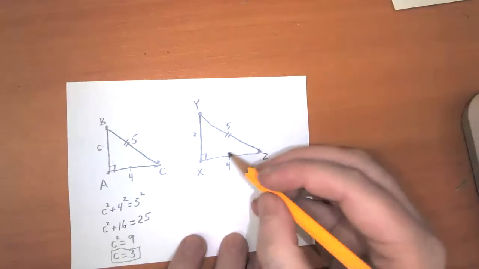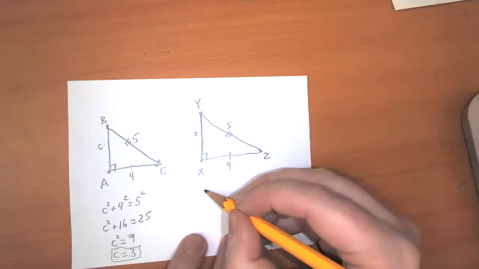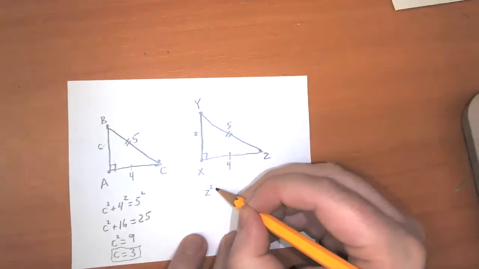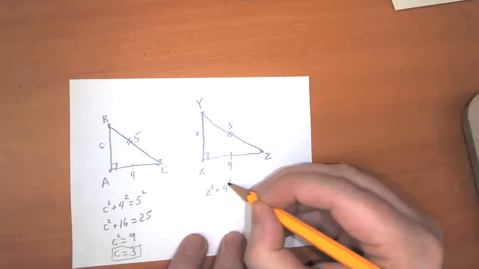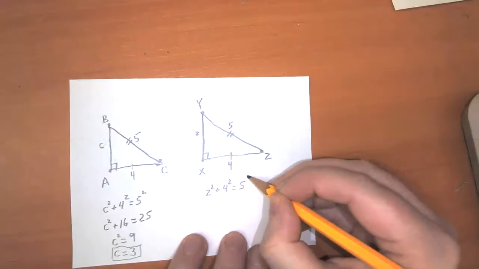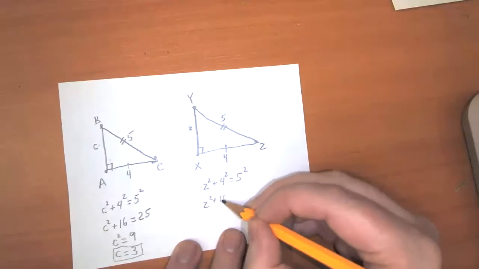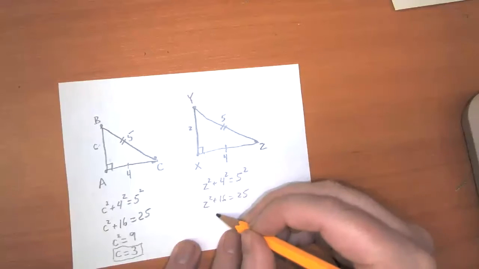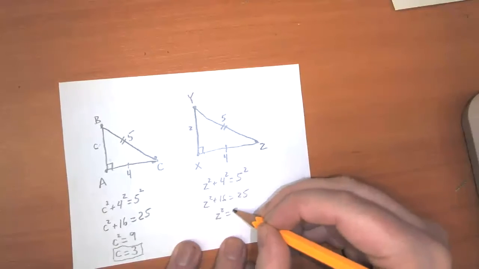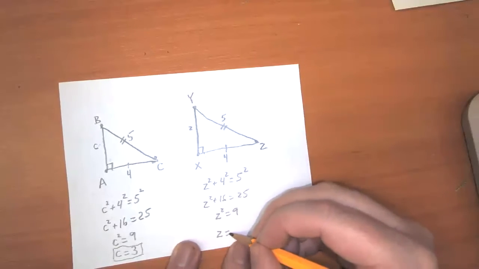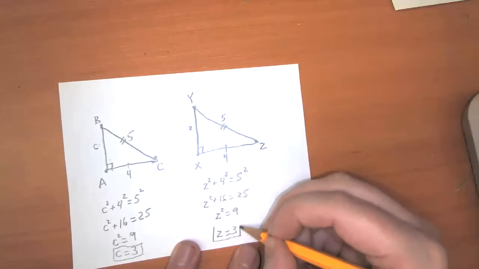All right, same thing over here. So we've got z squared plus 4 squared is equal to 5 squared. This is going to look very similar. So z squared plus 16 is equal to 25. z squared is equal to 9, and therefore z has to be equal to 3.